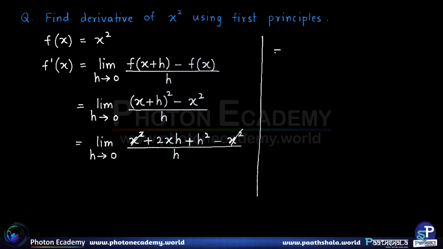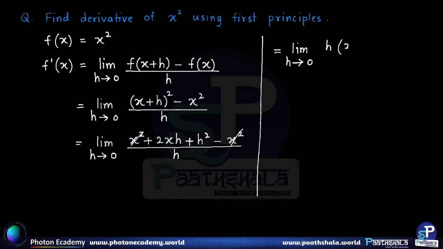So evaluating further, we have limit as h tends to 0. Now from the remaining quantity in the numerator we can take h common. What remains in the bracket is 2x plus h, whole divided by h.